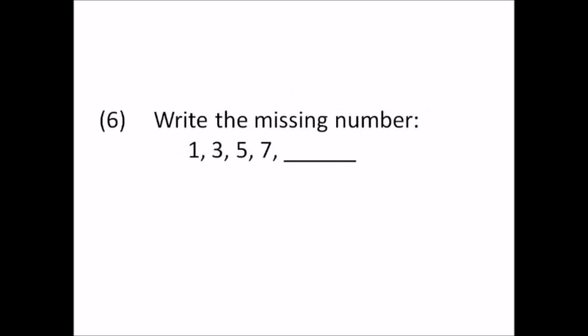Number 6, write the missing number, and you have 1, 3, 5, 7. What comes next, students? That's the big question. What number comes next? So put that number in.